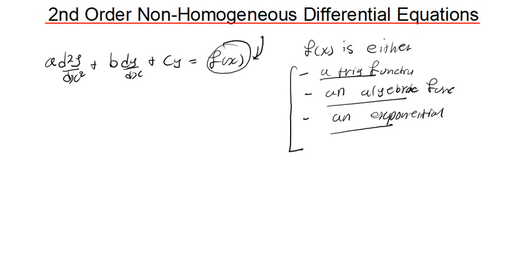So what we are talking about is a non-homogeneous differential equation in general, and also when we use the method of indeterminate coefficients to come up with the solutions of that particular differential equation. Remember there's also a method of variation of parameters, which we are going to use where we combine, let's say, a trig function and an exponential function, put them together and let it be my f of x.